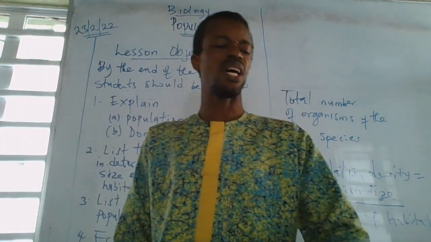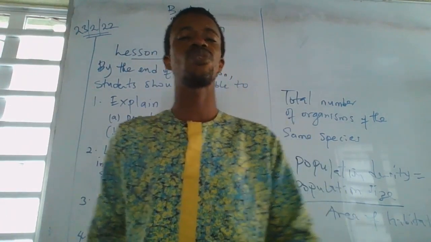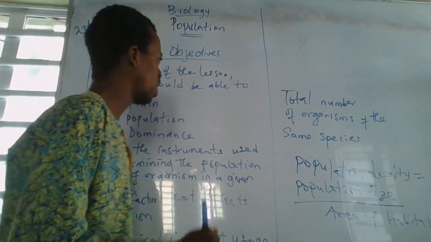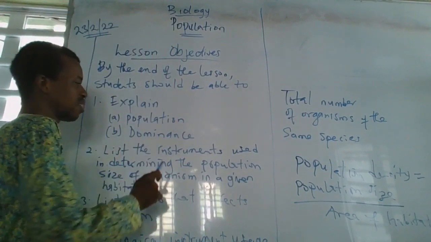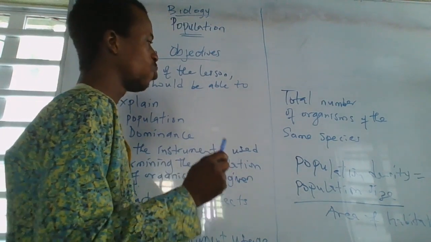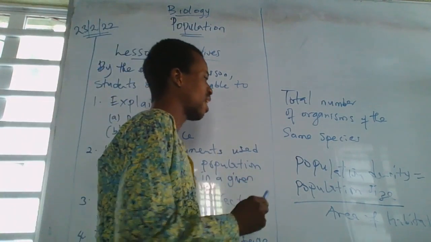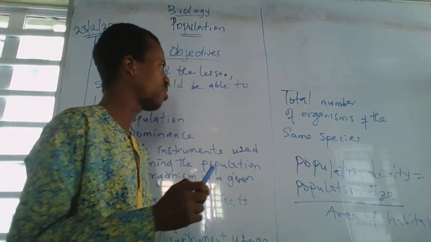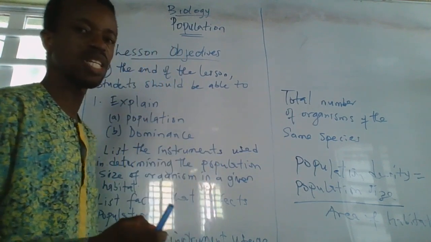So we now have to understand that in dealing with population, the key factors you have to understand are, one, not about the dominant organisms, but the factors that affect population. We look at the density, the size, the species involved, then the frequency of organisms in that environment.